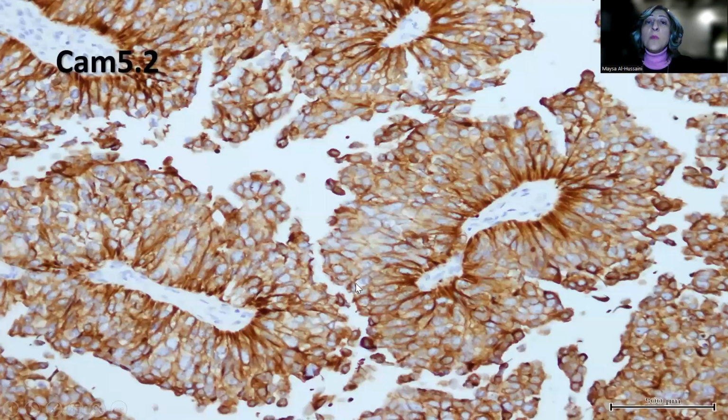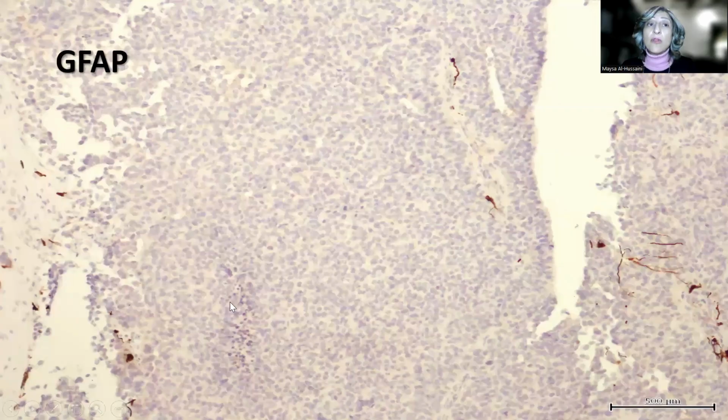What is really important is that this tumor characteristically would stain with CAM5.2 cytokeratin. This is the single most important immunohistochemistry available in hand to support the diagnosis of papillary tumor of the pineal region. While in contrast, if we think of ependymoma, we have, of course, to do the GFAP, and the GFAP is almost completely negative. This is one of the papillae.